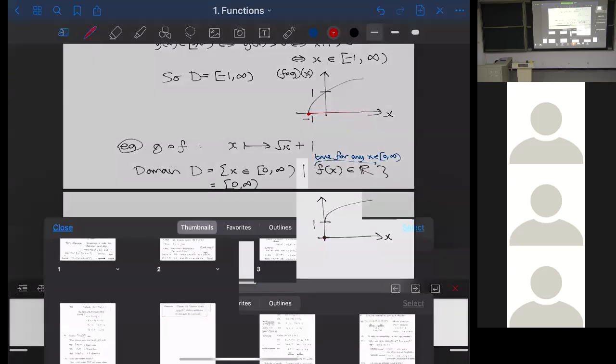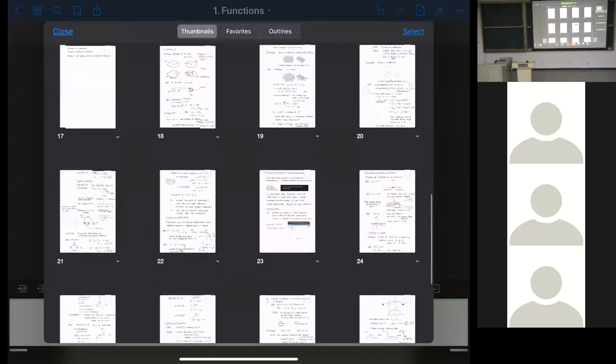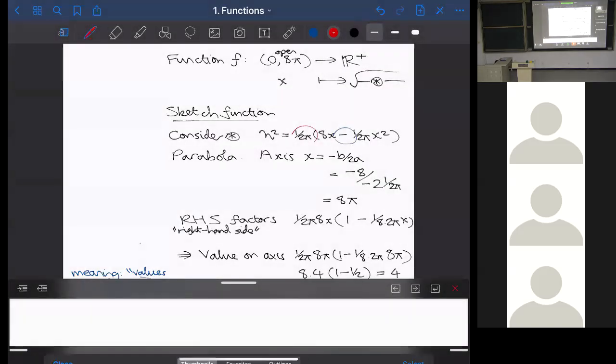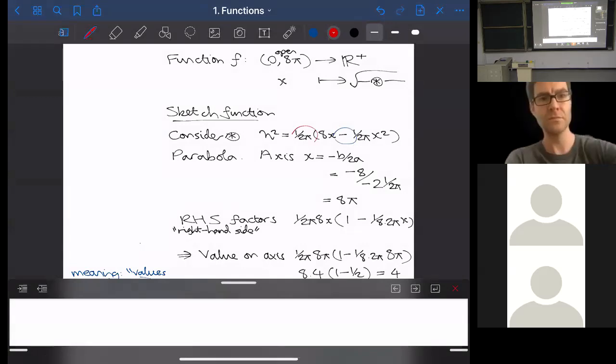Okay, so let's go back. I'm going to look back at the questions about the cone example.